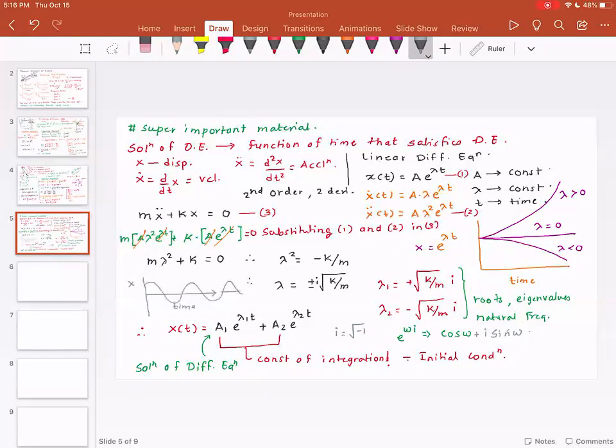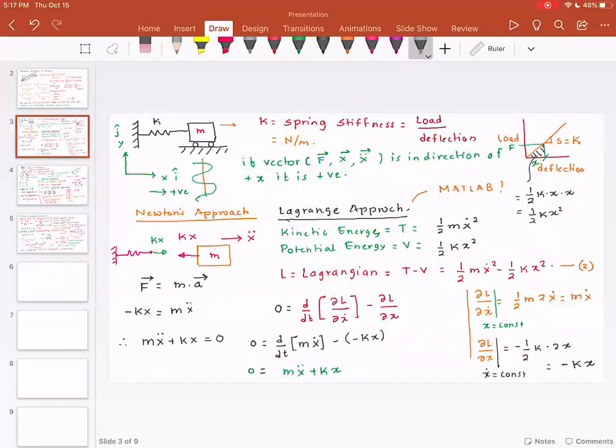And I want you to do this thought exercise for a minute. Imagine that we have the same spring mass system. I pull the mass towards right or push the mass towards left and let it go. The mass is going to oscillate back and forth, back and forth.